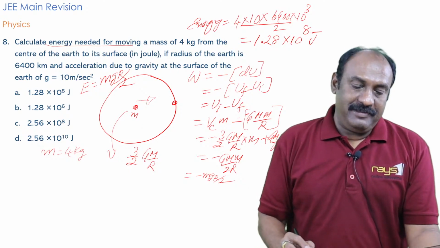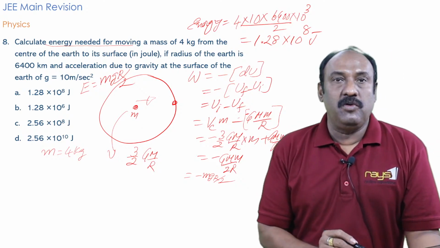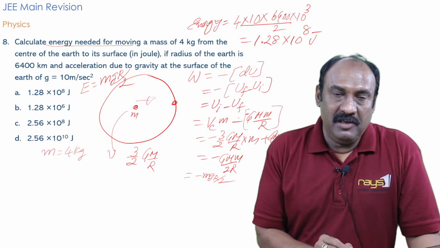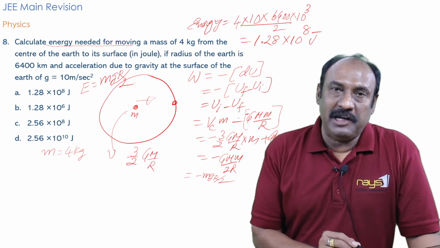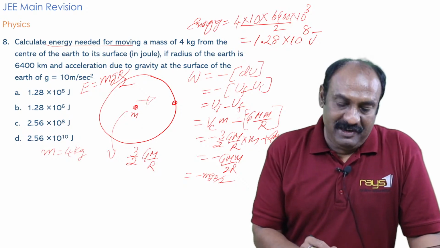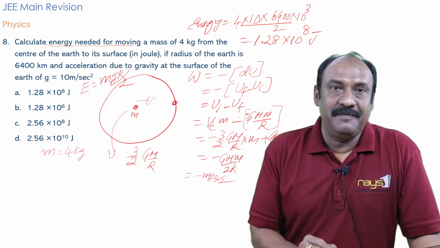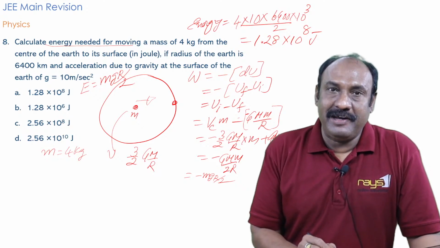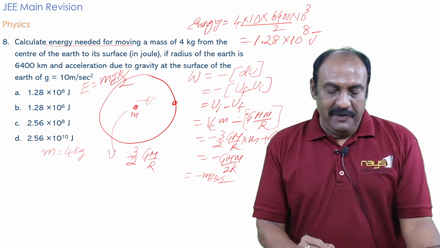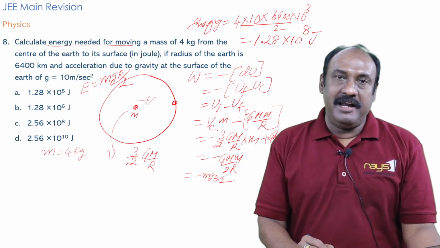So what is the energy needed? The energy needed to move a block of mass m from the center of the earth to the surface. In what way did I calculate the potential energy of this mass at the center of the earth? The potential energy of the block at the center of the earth is written as gravitational potential at center multiplied by mass. What is the gravitational potential of any body at the center of the earth?